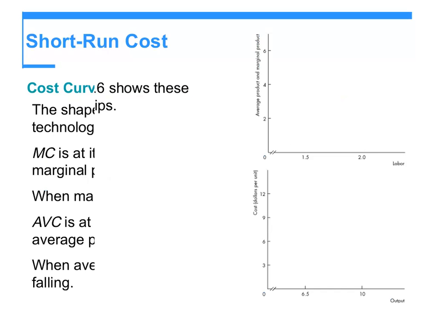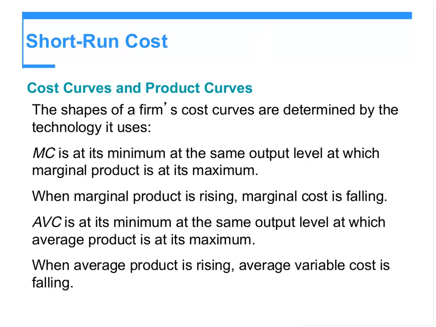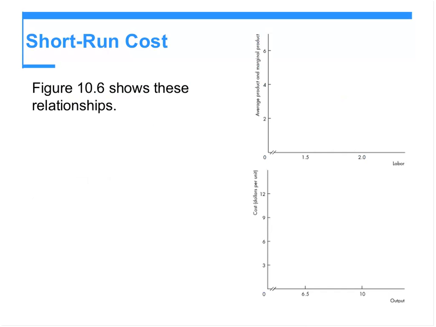Okay, as we had it just now, I was explaining the firm's curves and so on. So look at here. On the shape, it's much easier to understand what's going on. If you look at just the reading, it will be really difficult for you to visualize it. So whenever you want to understand this type of argument, it is better to look at the figure. So short-run cost shows this relationship. Look at here.